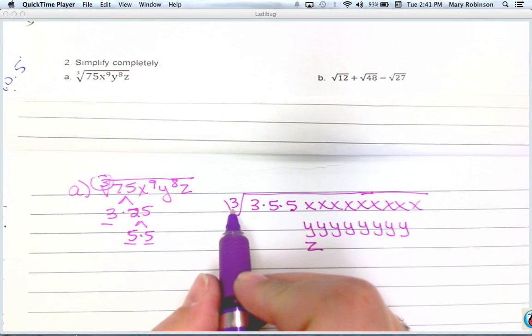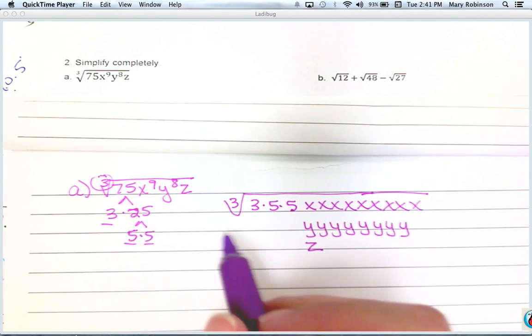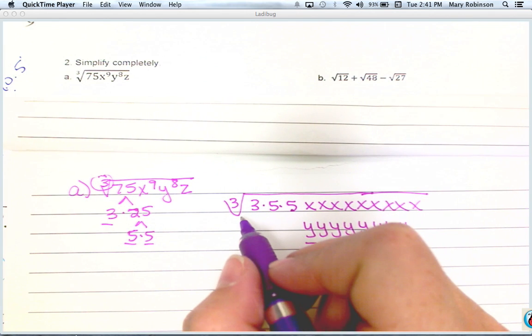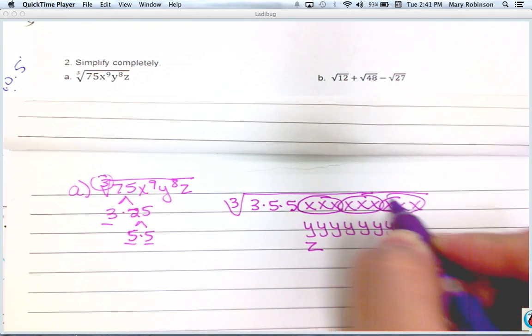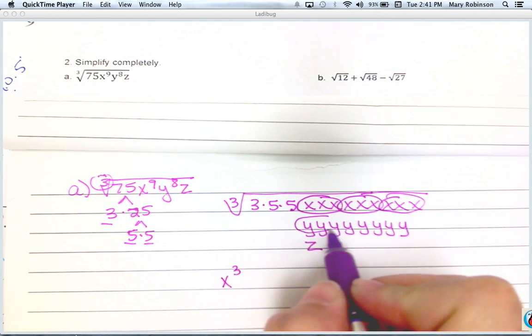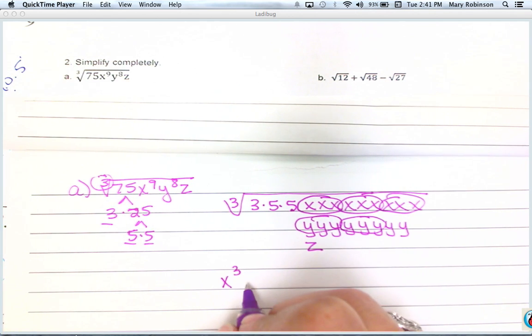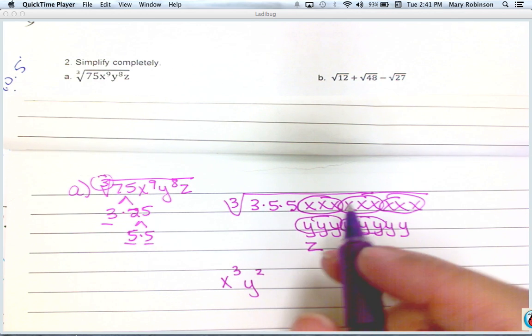So because of our index being 3, we want to make sure that we look for 3 of the same factors. So we have 1, 2, 3 groups of x's, so x cubed is going to come out. 2 groups of y's, so y squared will come out. And there's nothing left, not even with our numbers.